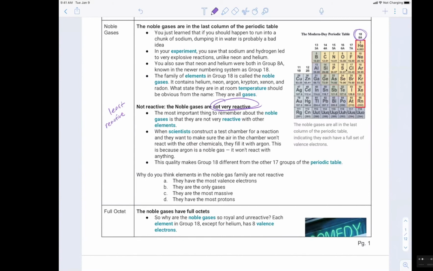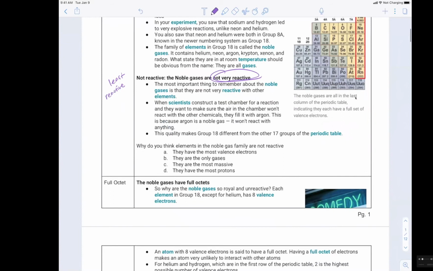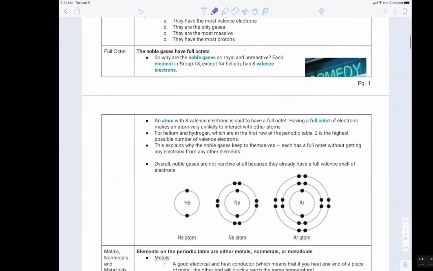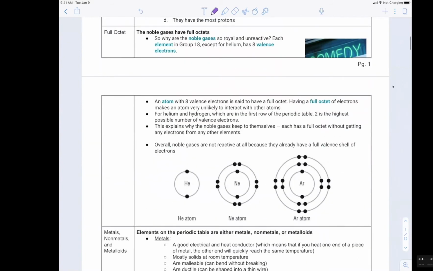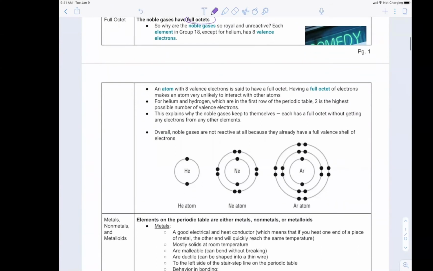The reason they're so unreactive is because they have something called a full octet. A full octet means you have 8 valence electrons, or it could also just mean you have a full valence shell, so your outer shell of electrons is filled.